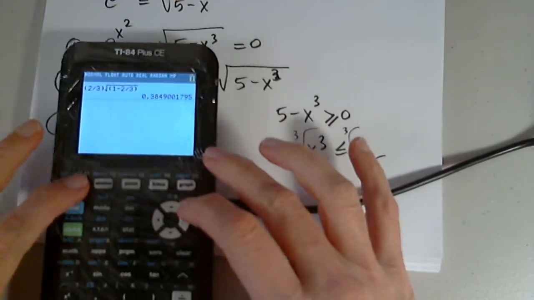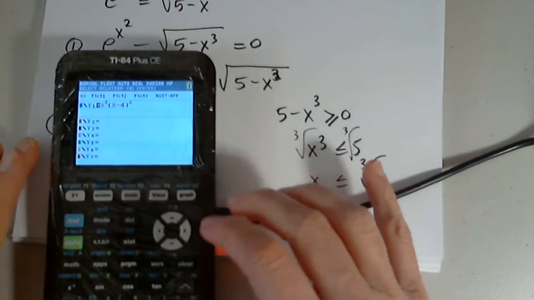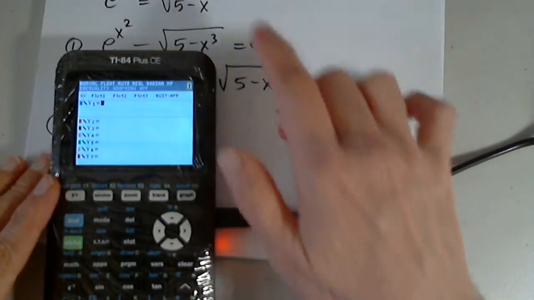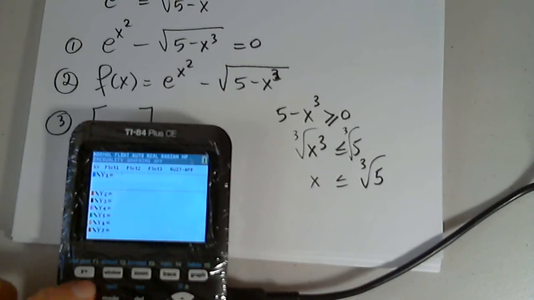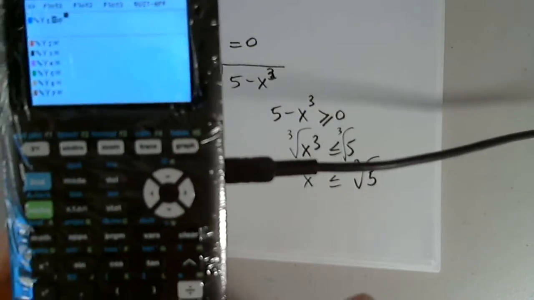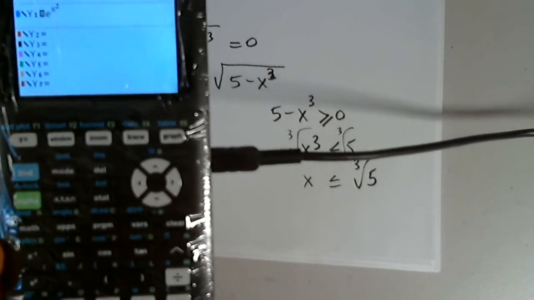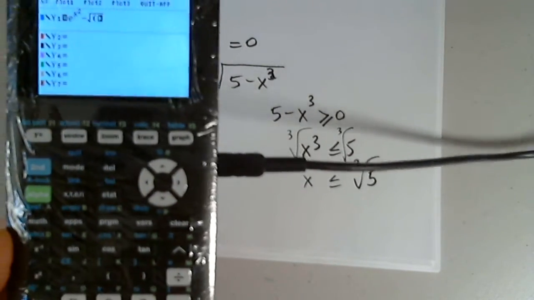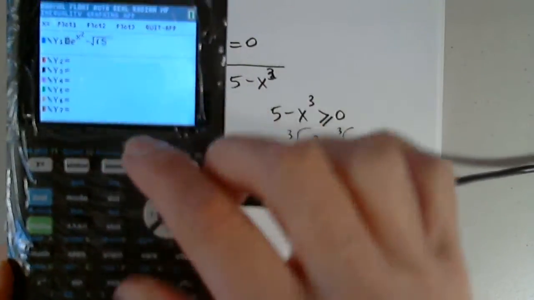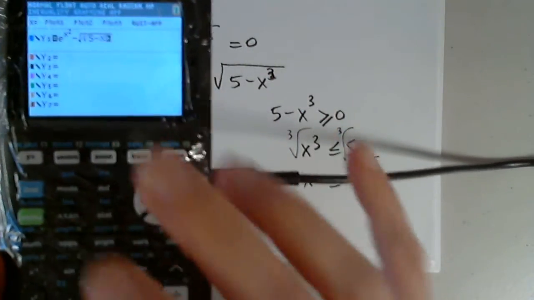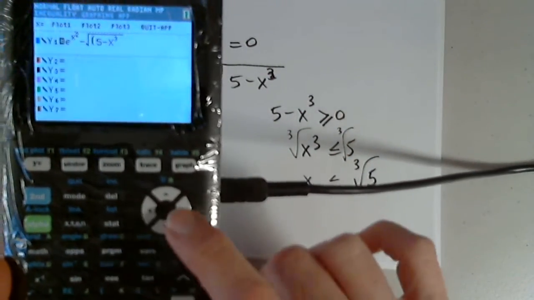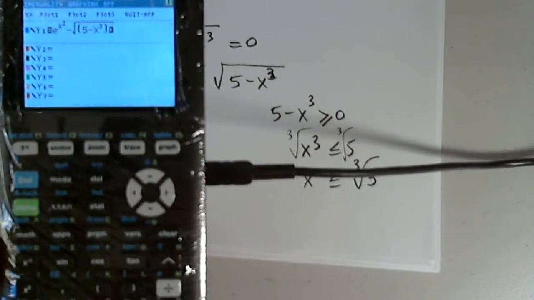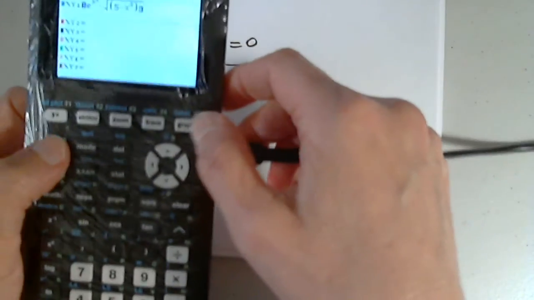In y equals, I plug in the function, second and e, and the power is x squared, and then minus the square root of, in parentheses, 5 minus x cubed. This calculator doesn't require parentheses, but others do, so I have to be mindful. Not everyone has this particular calculator. And then second and table.